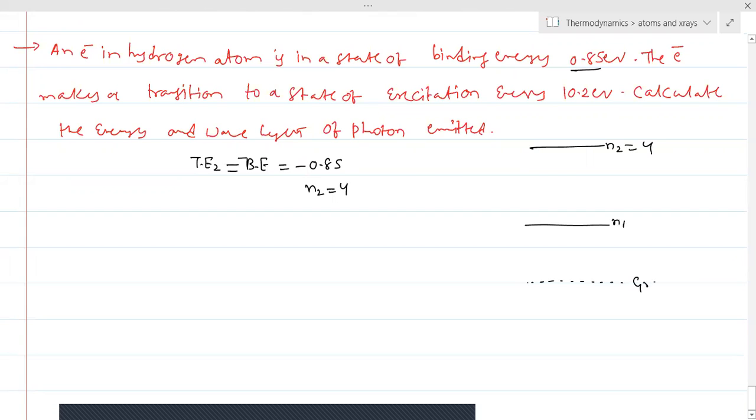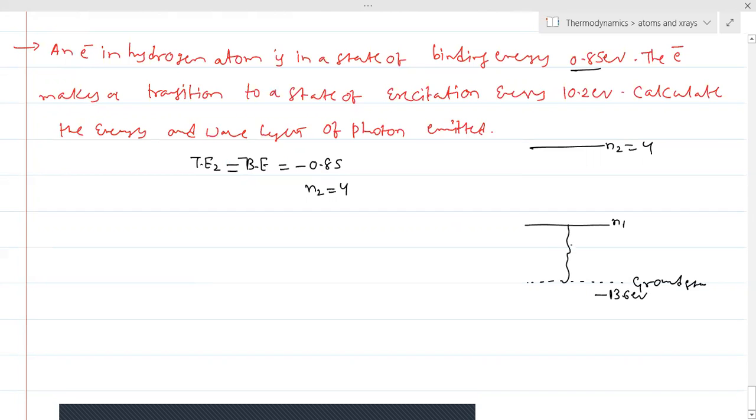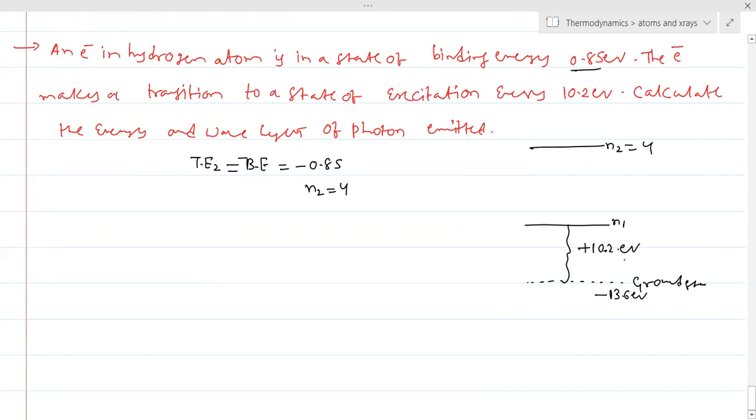Whenever the electron is in the ground state, it possesses an energy of minus 13.6 electron volts. If you provide an additional energy of 10.2 electron volts, then the electron is going to occupy this particular orbit.